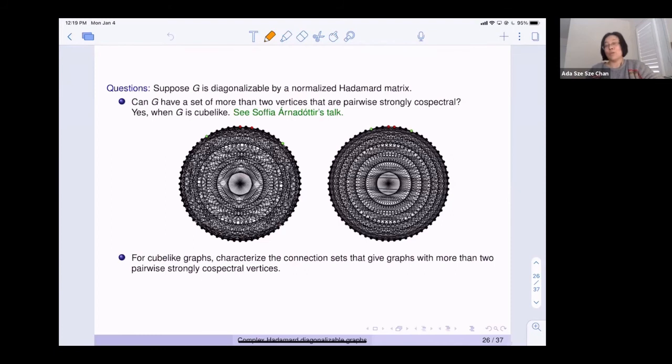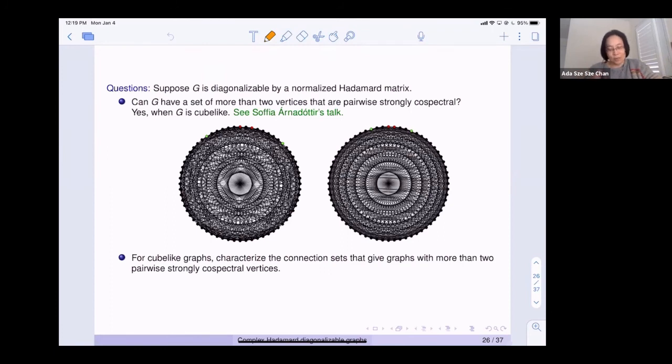The nice thing about going to Waterloo is that there are a lot of people to talk to about these questions, and now that they listen to me babbling about these questions, they would come up with answers. So I was asking the folks at Waterloo, if I'm looking at a real Hadamard diagonalizable graph, is it possible to have more than two vertices that are pairwise strongly cospectral with each other?